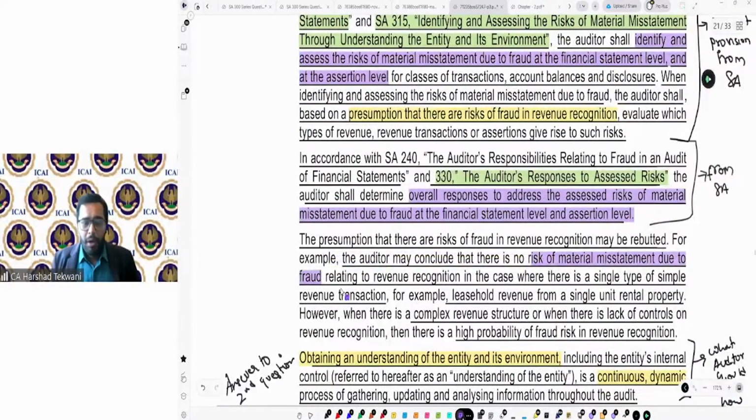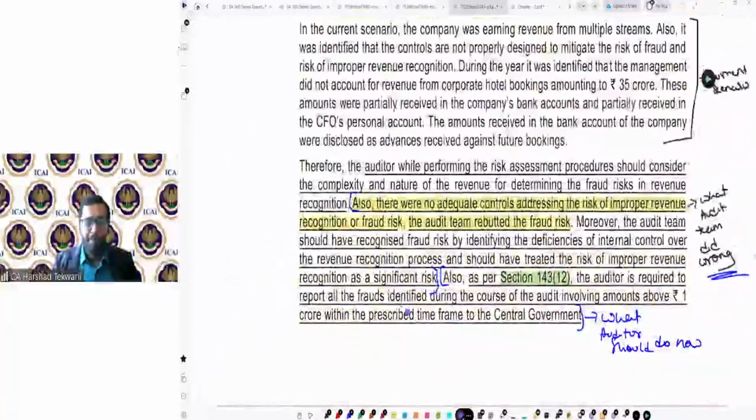Rather than using the word risk alone, I should use risk of material misstatement due to fraud or error. Clear? Any doubt, guys?